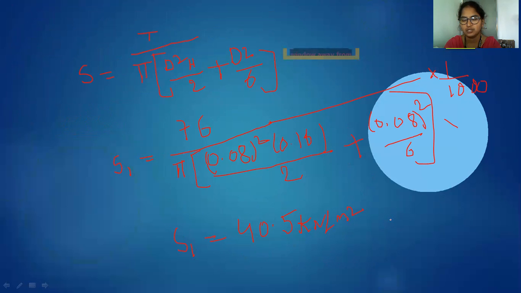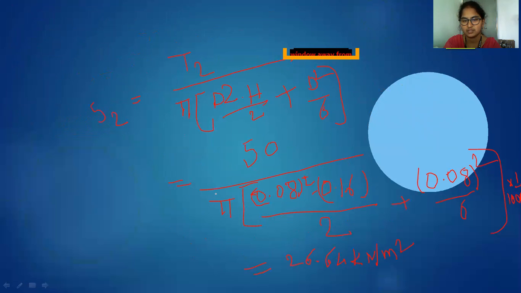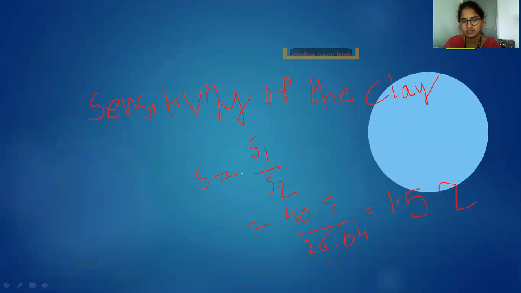In the place of T we substitute T1 and T2; the remaining values are the same. So finally we calculate S1 and S2. The overall sensitivity of the clay is S equal to S1 by S2, 40.5 by 26.64, that is equal to 1.52.